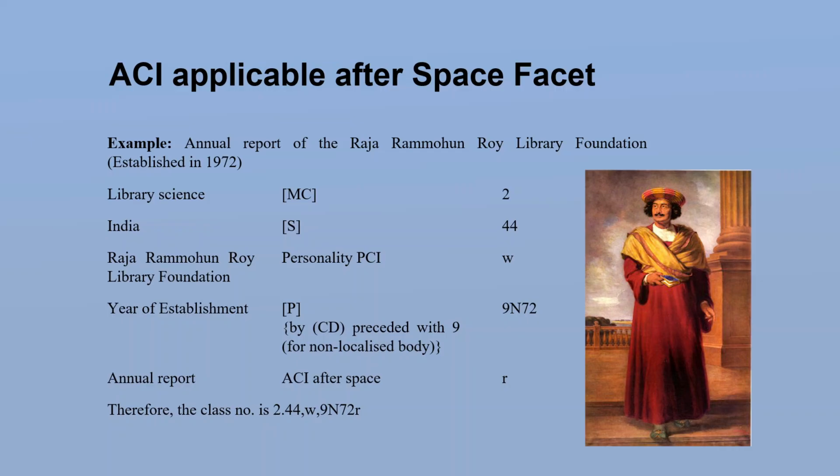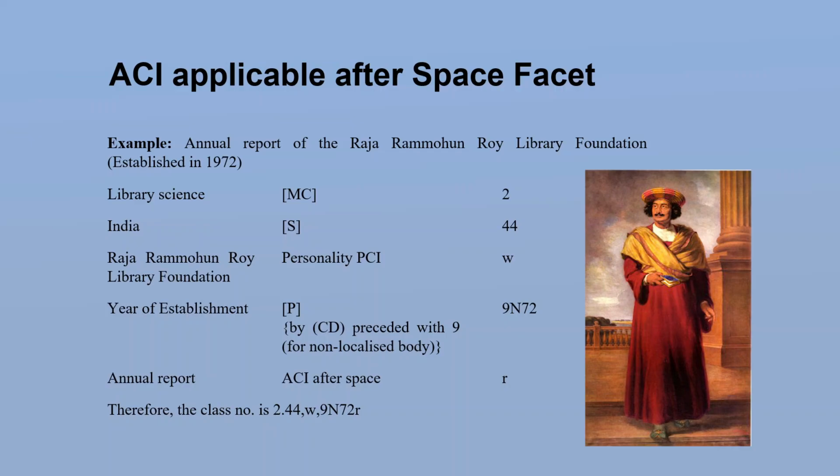Therefore, the number up to this will be 2.44 comma W comma 9N72. Then for the annual report of RRRLF, we have to add small r as it is obtained from the ACI after the space facet, that is administrative report.